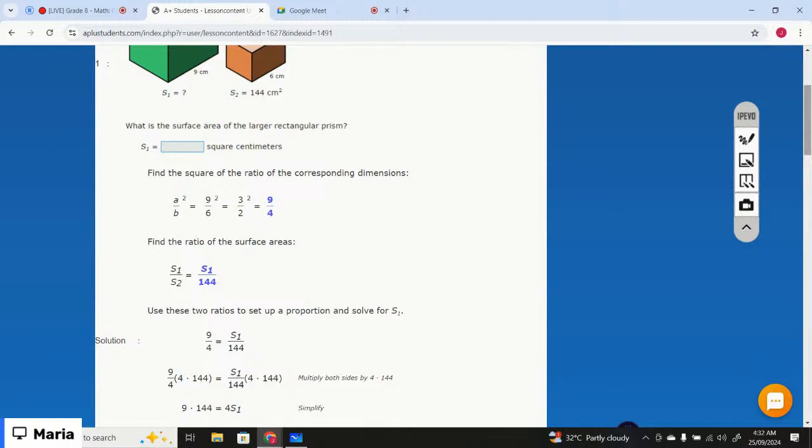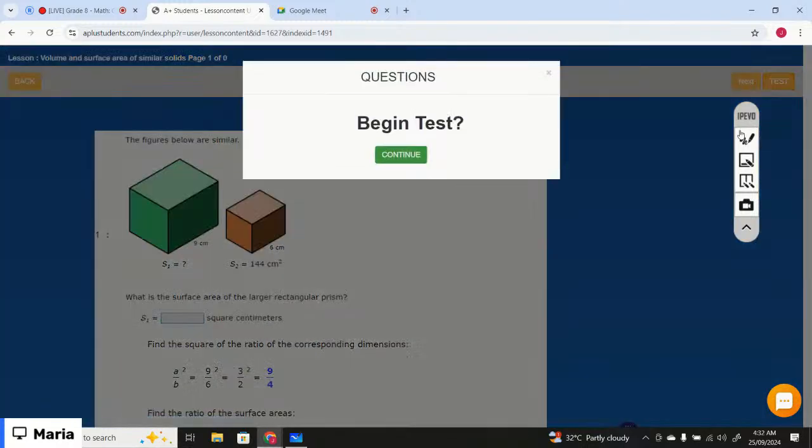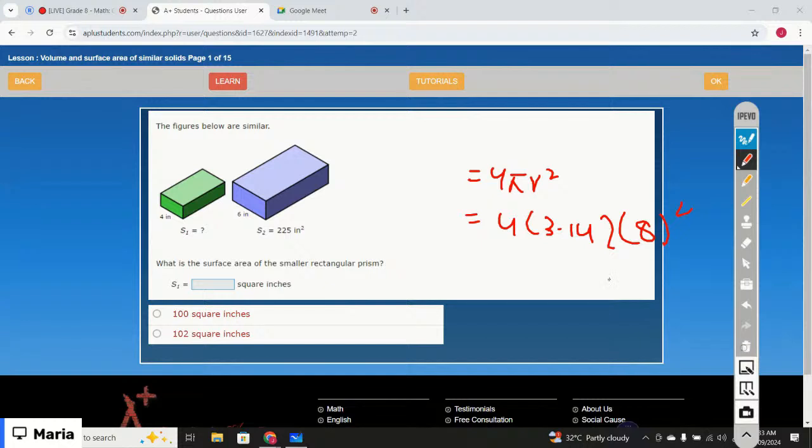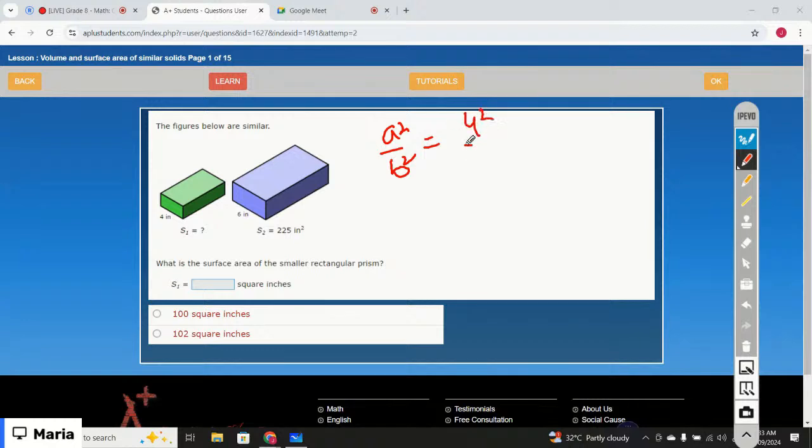Let's just start with the test questions. You can have a look at the tutorial by yourself. The figures below are similar. What is the surface area for the smaller rectangular prism? So let's just see. First you have to find the ratio between their similar sides, that is a square divided by b square, that is 4 square divided by 6 square, so that is 16 over 36.